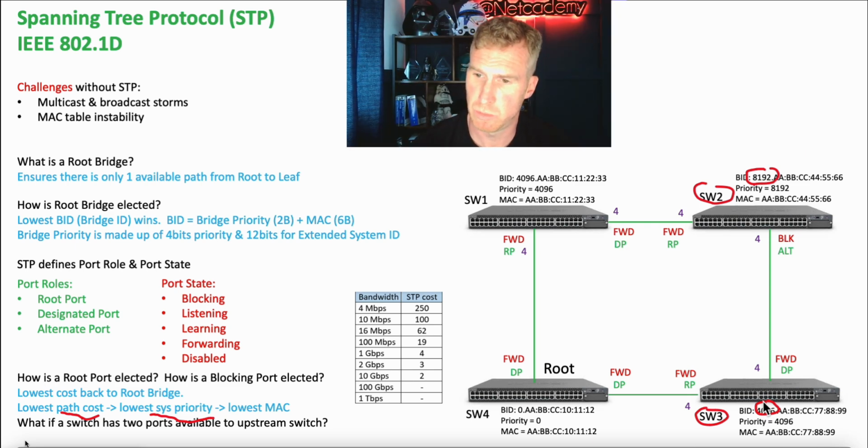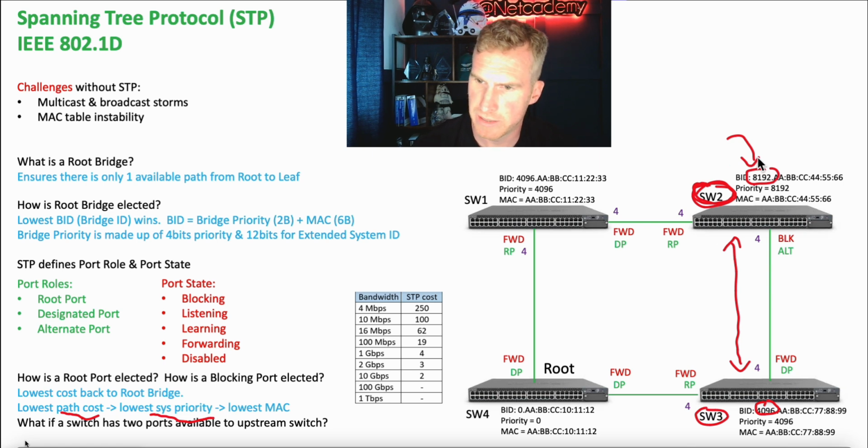Because these two switches have exchanged those BPDUs and learned the priority and the MAC address, of course, they just know that SW2, you're least preferred because your priority is higher and thus not preferred. And so this interface here is going to go into blocking, but this interface here is going to be a designated port, and I am going to be forwarding traffic and BPDUs.